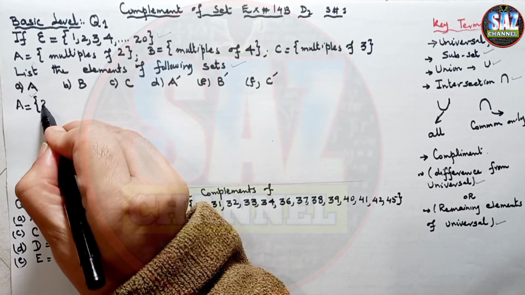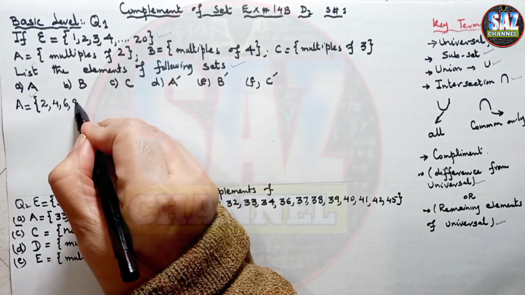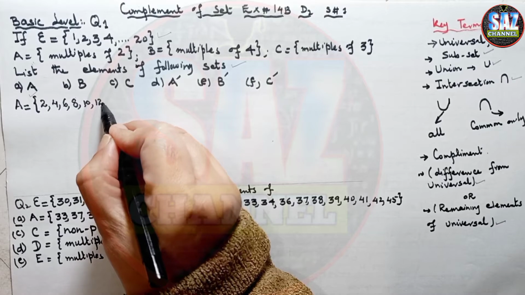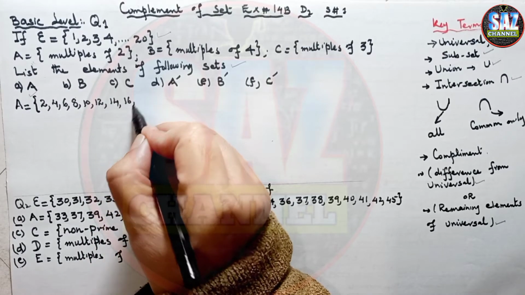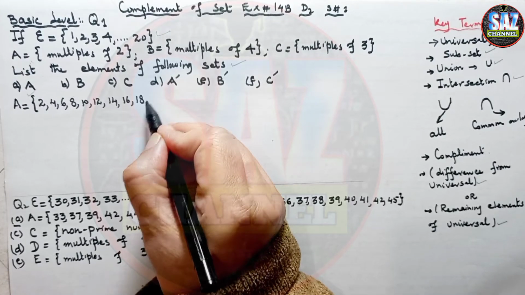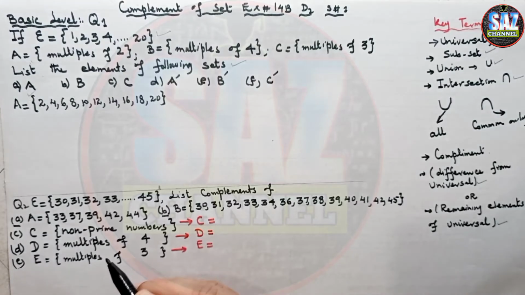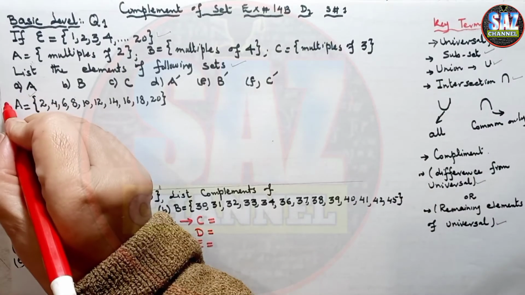That is, we have to read the table of 2: 2, 4, 6, 8, 10, 12, then 14, 16, 18, and 20. These are the multiples of 2, and we have written set A, and this is the first part of the question. Let me mark A here.